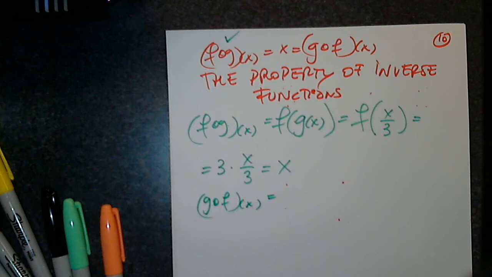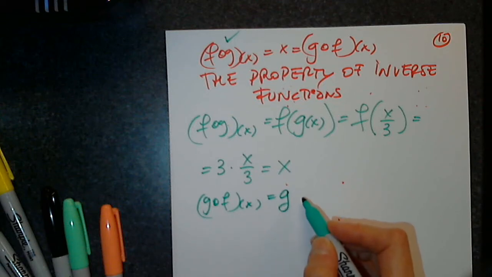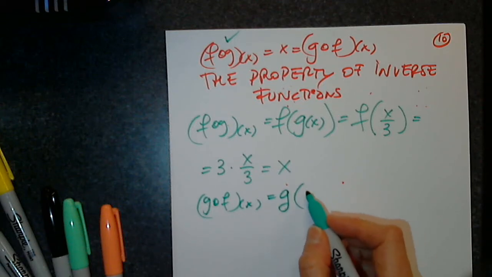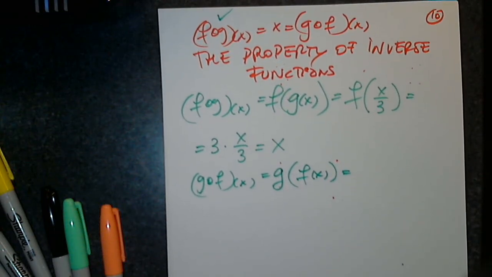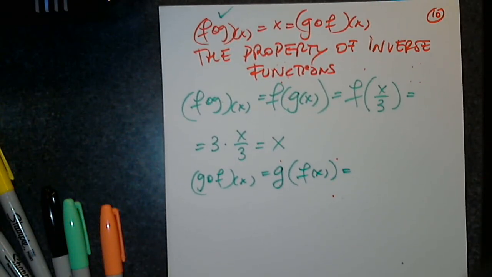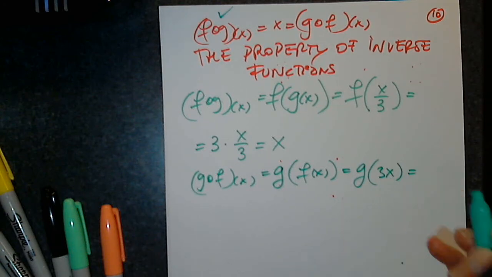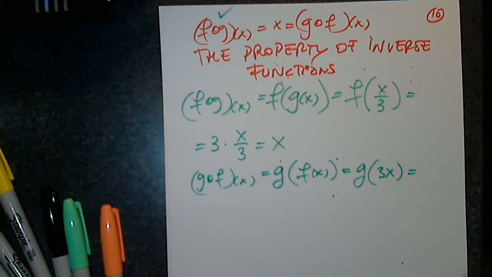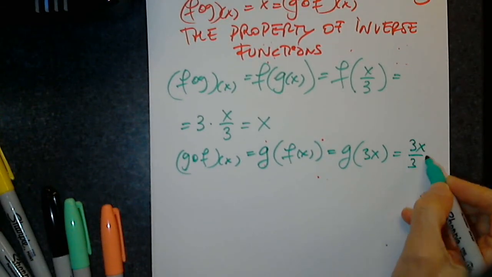I have to write the definition first. Very good. Where do I start? Yes? Very good. Now I look at g. What does g say? It does not say x over 3. It says blah over 3. Very good. What is the answer?